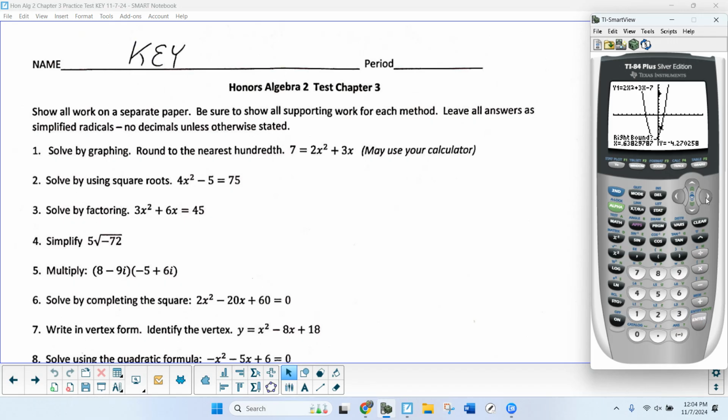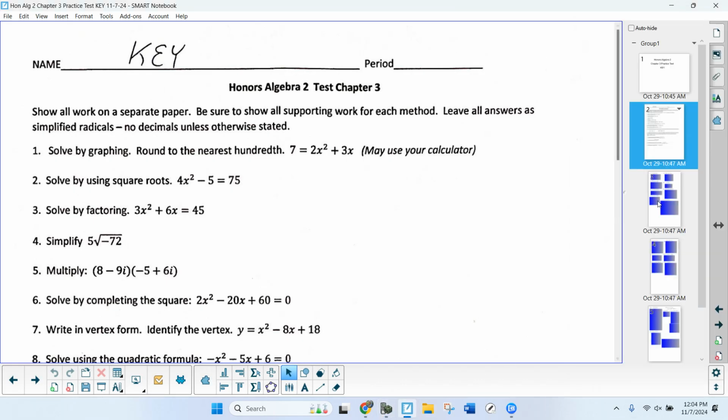Hit enter. Somewhere to the right of this one. Make sure your arrows are always pointing together at the top. Tell it to guess, and you got what? 1.27, comma 0. Very good. Questions? All right, good job. Any other questions on number 1?